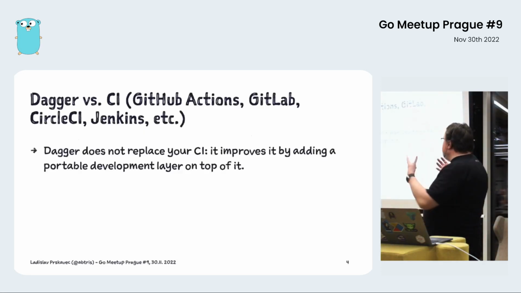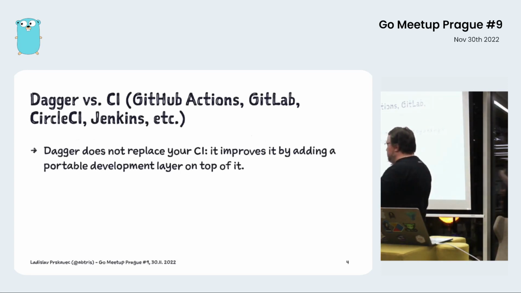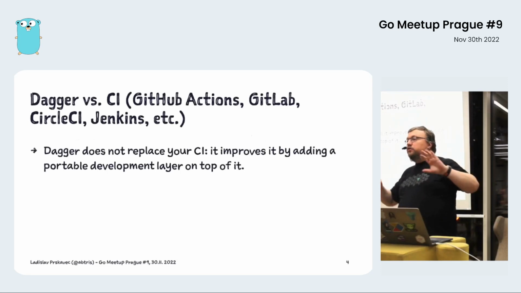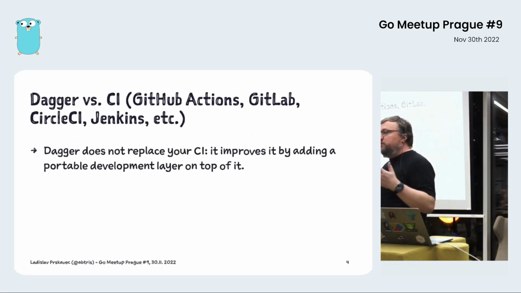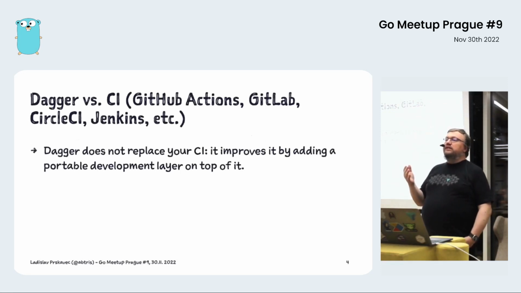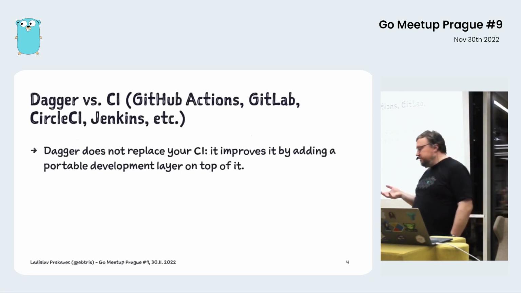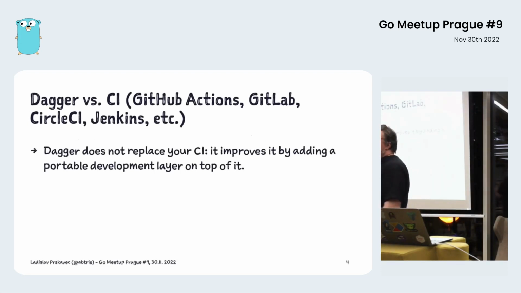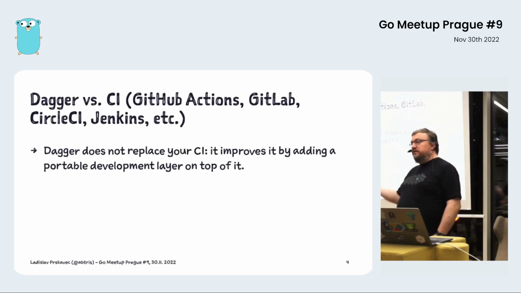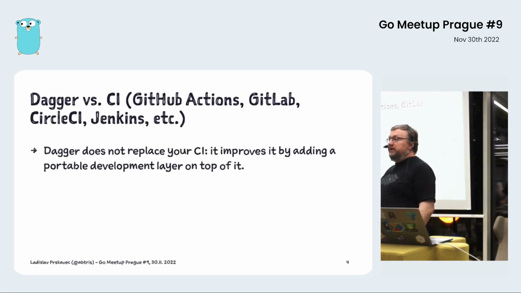How is Dagger different from CI, GitHub Actions, GitLab, Circle CI? It's important that Dagger is not replacing your CI. If you write your pipelines in Dagger, you don't need to rewrite them. That's quite important. For example, from my API times, I remember that we had something in Travis, in Circle CI. After that, we migrated to Worker.